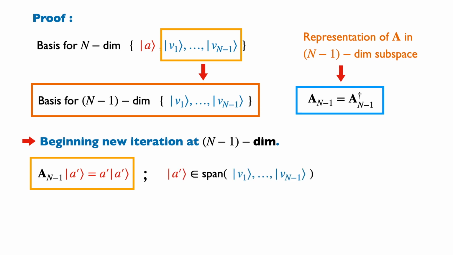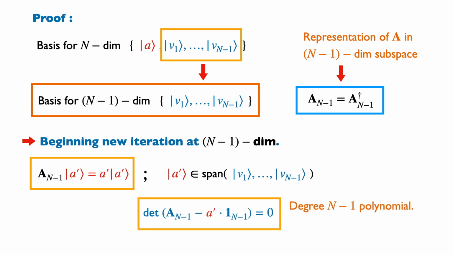This is again due to the determinant equation being a polynomial of degree n-1, which by the fundamental theorem of algebra guarantees at least one solution. Note that the determinant equation now involves matrices of dimension n-1 by n-1, as they now represent operators in an n-1 dimensional vector space.